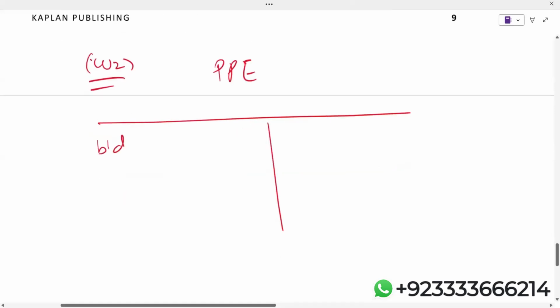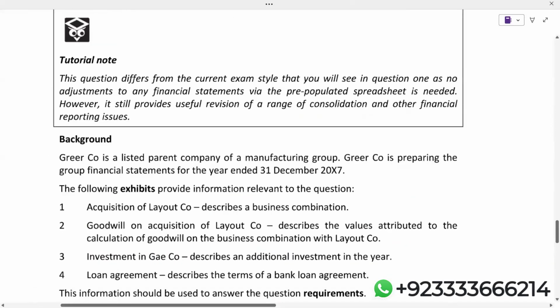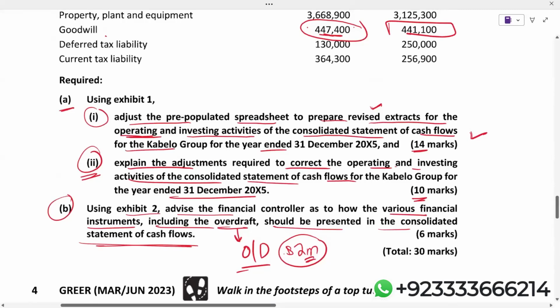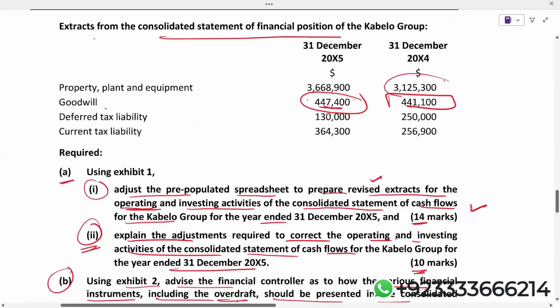Brought down, carried down. Calculate. Group SOFP, they have given us 3.1253 million. Let me write on the calculator.